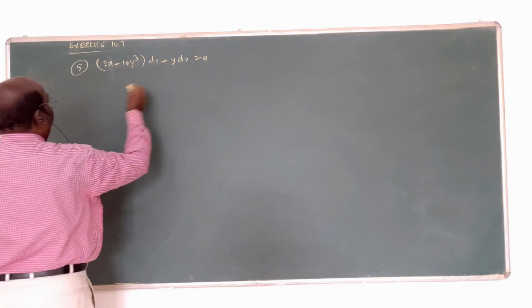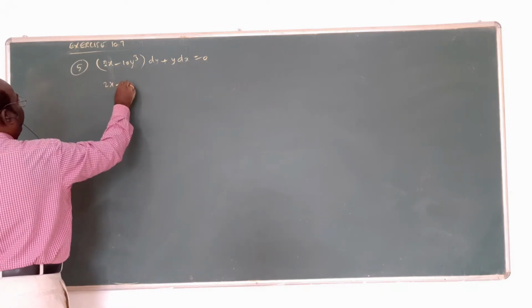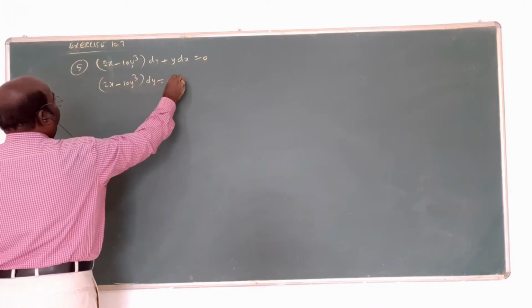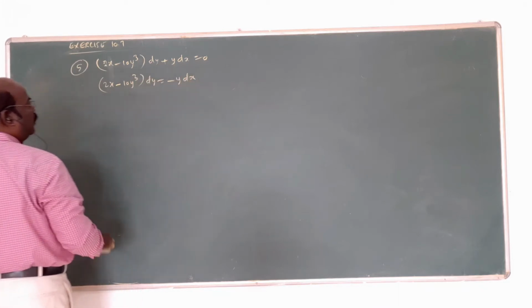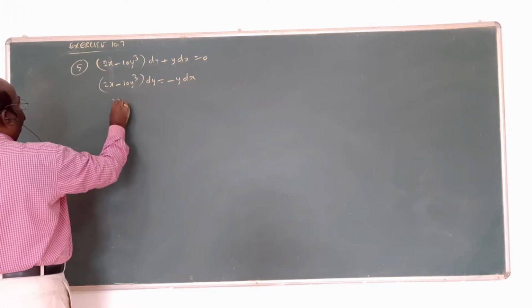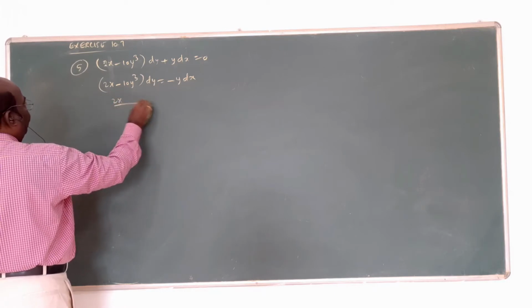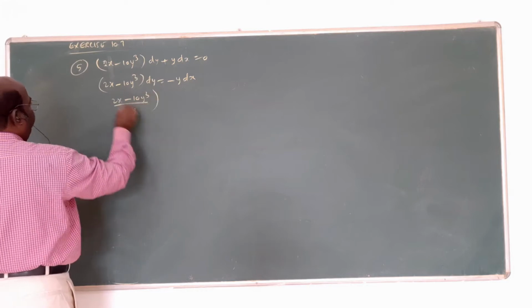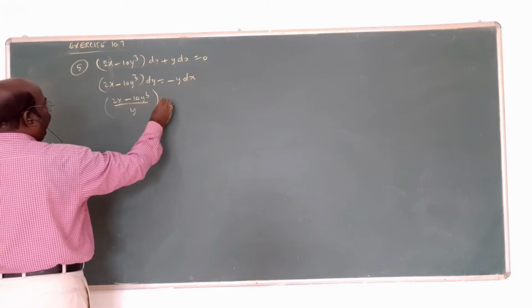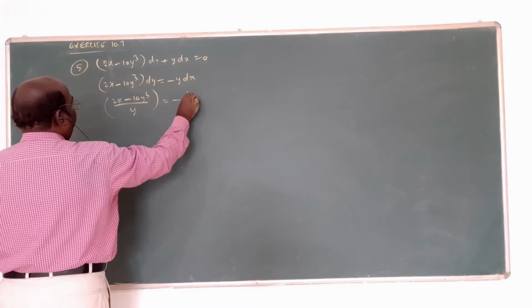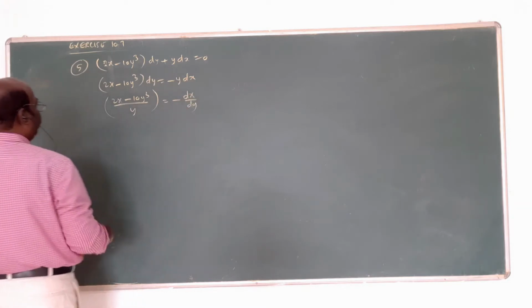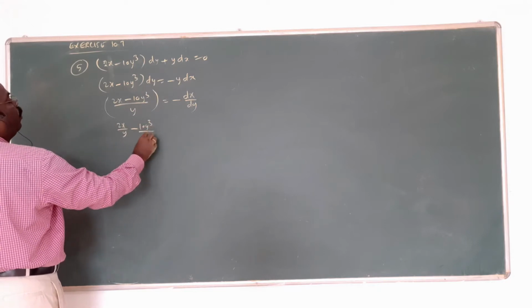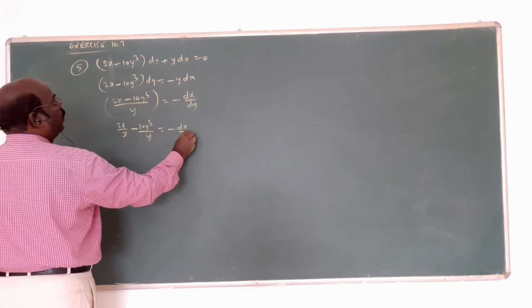Now this will come: (2x minus 10y cubed) into dy equal to minus y dx. Then cross multiply: 2x by y minus 10y cube by y equal to minus dx by dy.